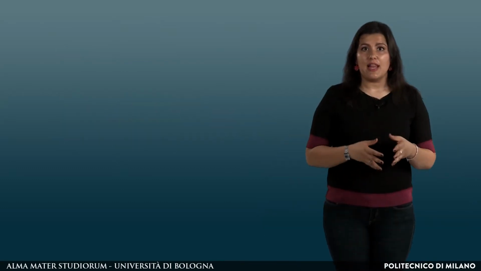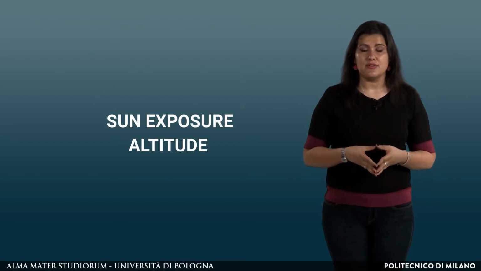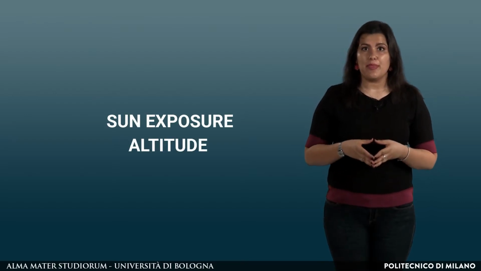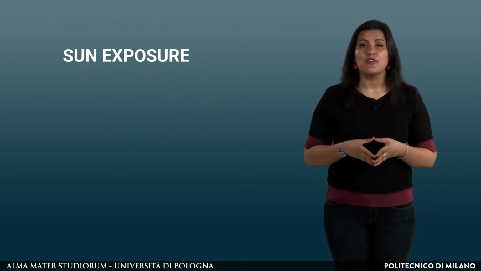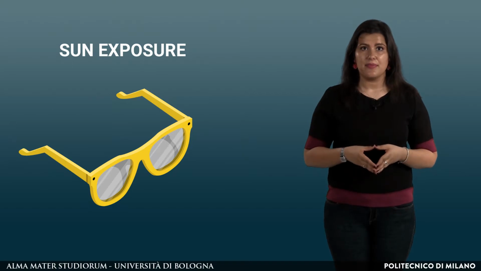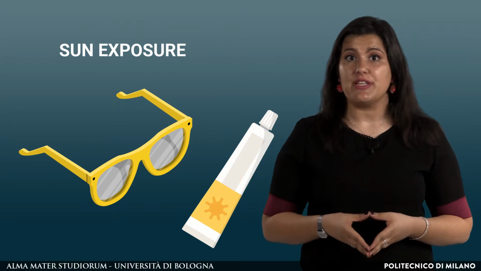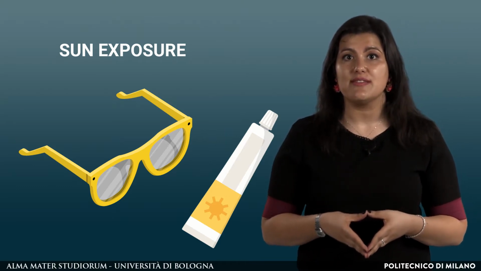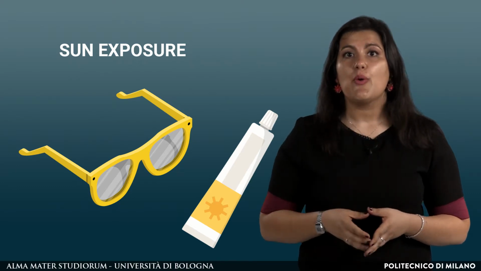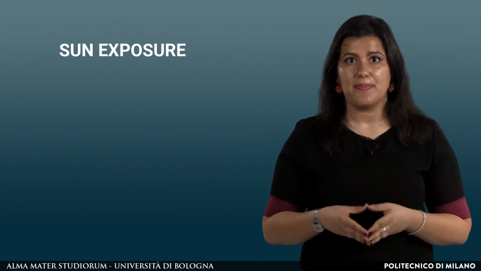Talking about cold and hot climates means also to deal with risks connected with sun exposure and altitude. To prevent burns and damage from ultraviolet radiation, it is advisable to have a good pair of sunglasses. Expose yourself gradually to solar rays using, especially in the first few days, a high-factor protection cream, and cover the most sensitive areas, nose and lips, with ointments based on zinc oxide and titanium dioxide.